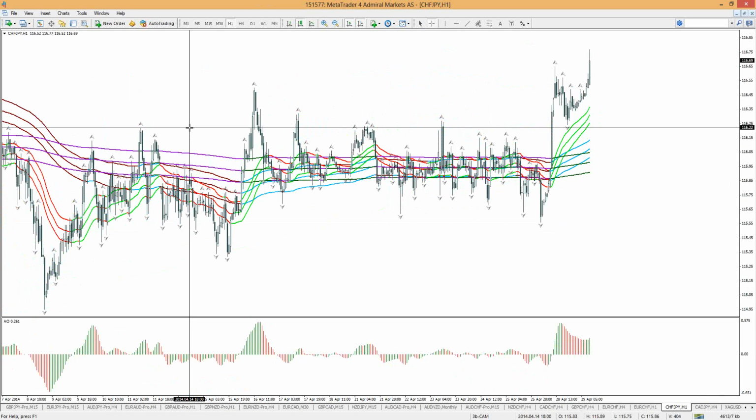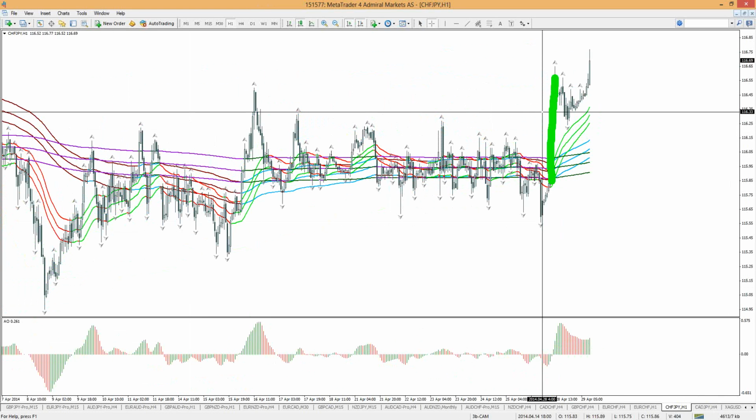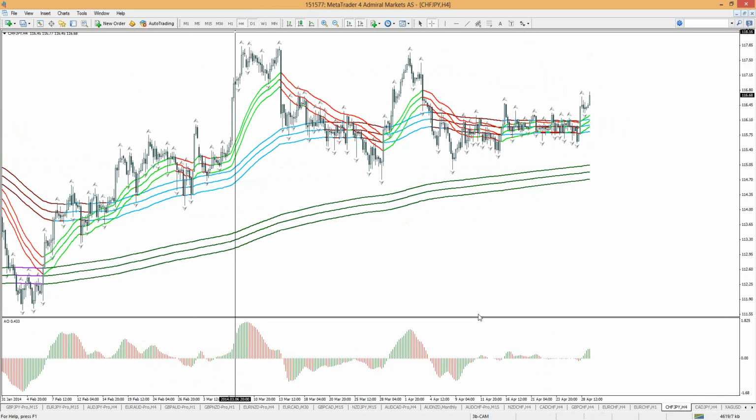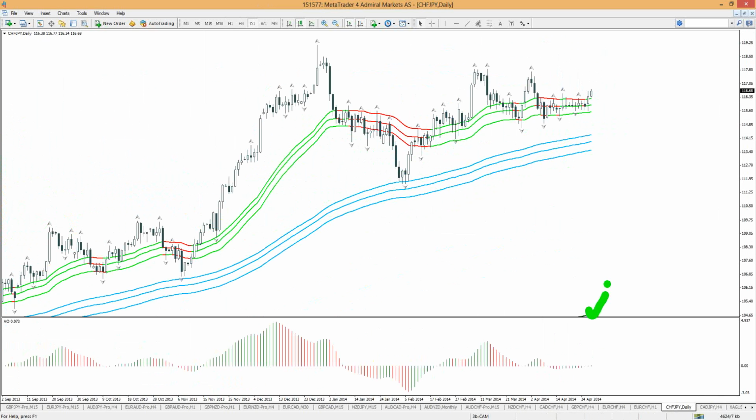But price eventually did break to the upside. Not only did it break to the upside, but price moved up, slowed down to the downside, and then moved up again, thereby pulling away the moving averages from each other. That's important. The daily chart, though, is definitely very bullish if you look at these moving averages. Moving average, long-term, intermediate, short-term. Price above it. So price retraced back to the blue, bounced above the green, went back to the green, bounced off the green, back to the green, went sideways, now bouncing above it again. Thereby, it's looking like a bullish breakout potential here.